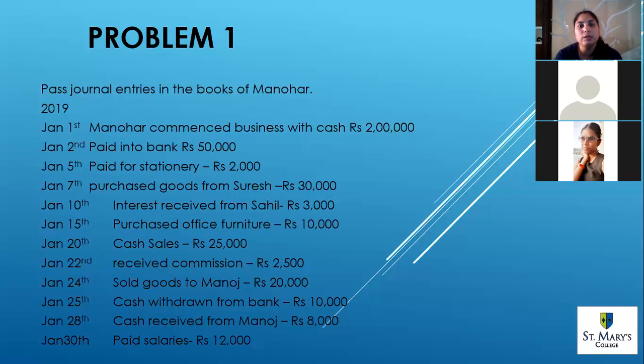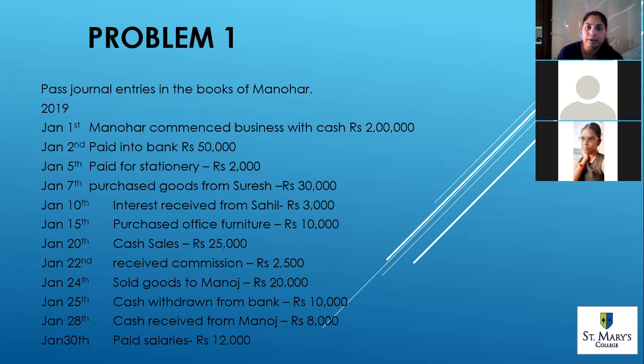So we look at the first transaction. 2019 is our year. January 1st is the date. He says Manohar commenced business with cash of rupees 2 lakhs. So now this transaction implies that the business has been started by investing cash of rupees 2 lakhs and Manohar is the person who is investing cash into the business.